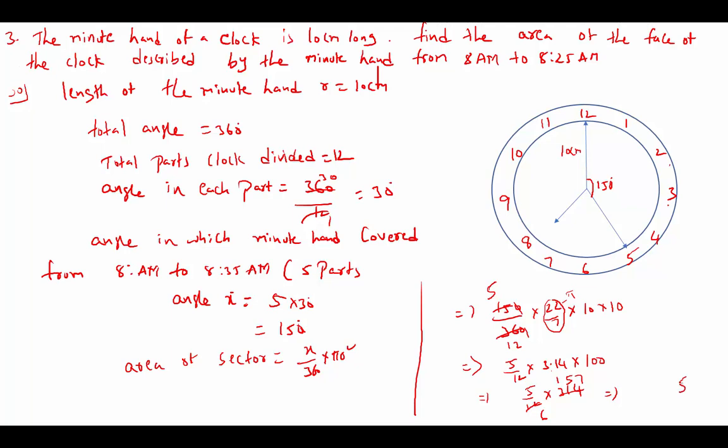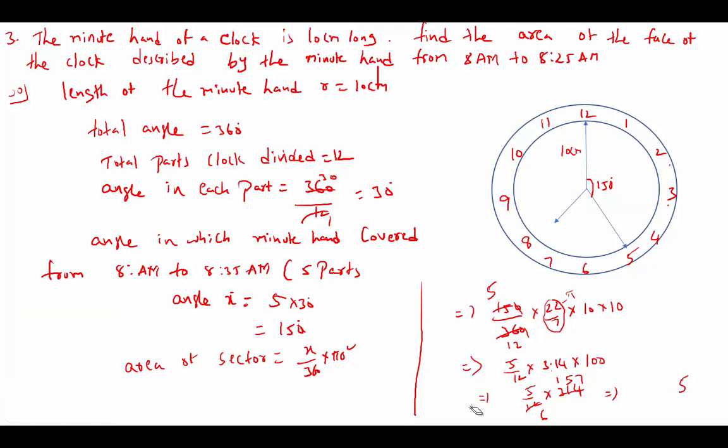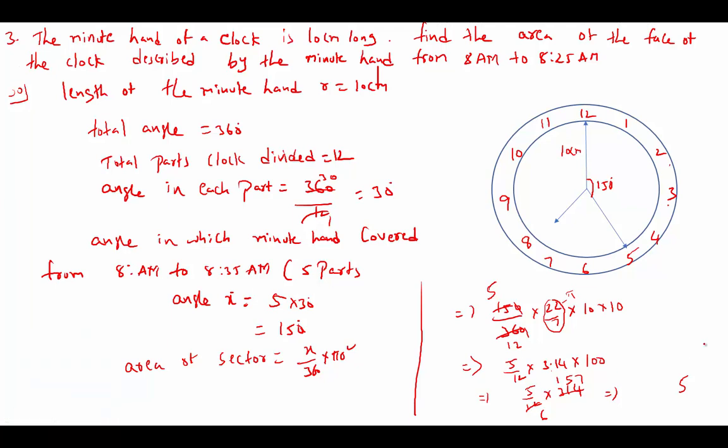So 5 sevens are 35, 3 will remain there. 5 fives are 25 plus 3, 28. 5 ones are 5 plus 2, 7. So 785 by 6 centimeters square. This is the area described by the minute hand in the clock.